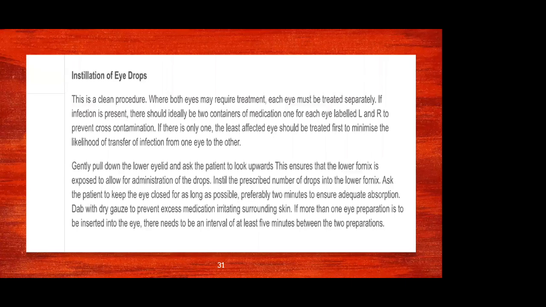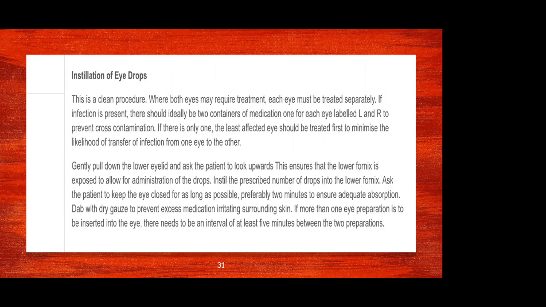If there is only one, the least affected eye should be treated first to minimize the likelihood of transfer of infection from one eye to the other. Gently pull down the lower eyelid and ask the patient to look upwards. This ensures that the lower fornix is exposed to allow for administration of the drops.